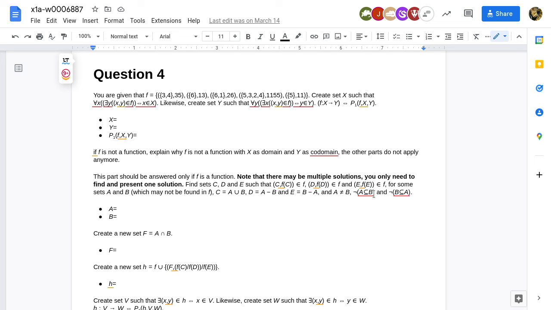There's no such requirement for A or B. But we do have the extra requirement that C has to be expressible as the union of A and B. D has to be expressible as everything in A but not in B. And E also has to be expressible as everything in B but not in A. A and B cannot be the same, and A and B cannot be subsets of each other. Okay, so now how do we find those 3 sets, C, D, and E, as the first item of each two tuple to satisfy this requirement?